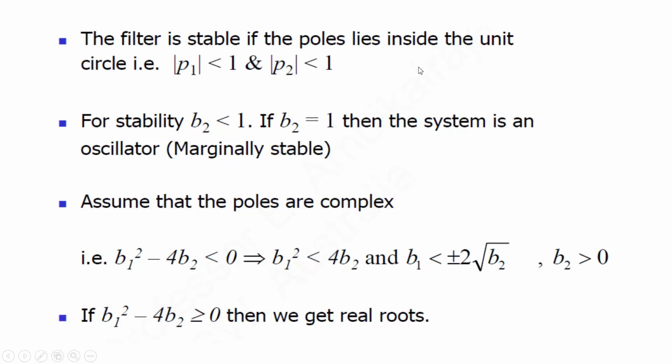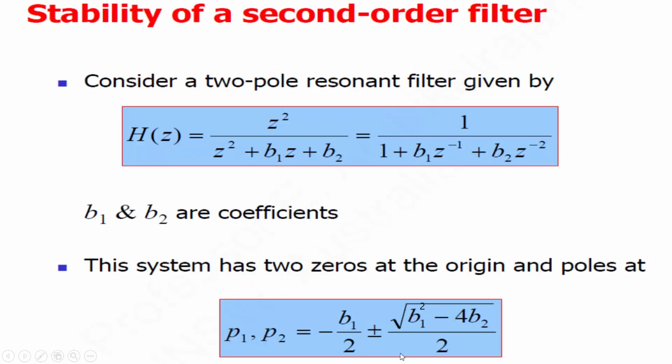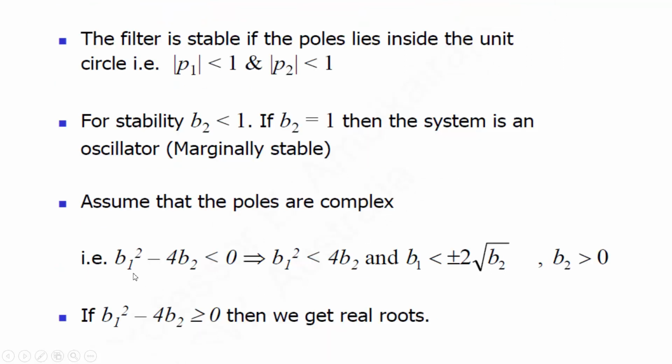Now we assume that the poles are complex. If the poles are complex, the part under the root will be less than 0. So b1 square minus 4b2 should be less than 0. We just manipulate this: we take 4b2 to the other side, so b1 square is less than 4b2. We calculate b1 from here, which is plus minus 2 under root of b2.